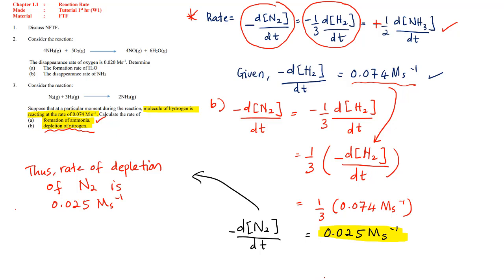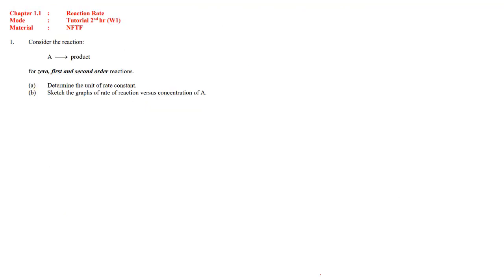Thus, the rate of depletion of nitrogen is 0.025 molar per second. Okay, class? So, this is for differential rate equation. So, differential rate equation, it compares the rate of disappearance of reactant and rate of formation of products.